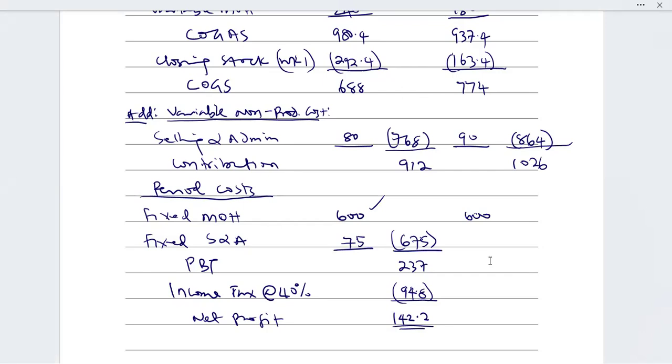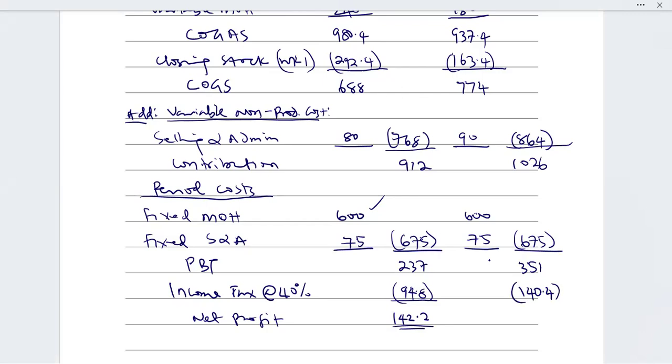So this one is also 75. Add the two together, 675. 675 minus 1026. What do you get? 351. 351 multiplied by 0.40, 40%. What do you get? 140.4.